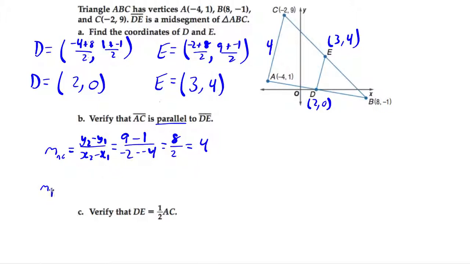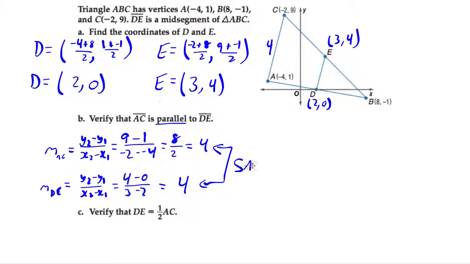And then the slope for DE is equal to y2 minus y1 over x2 minus x1. So the y values there are 4 minus 0 over 3 minus 2, which gives us 4 over 1, which is 4. So see how the same slope shows us these lines are parallel.